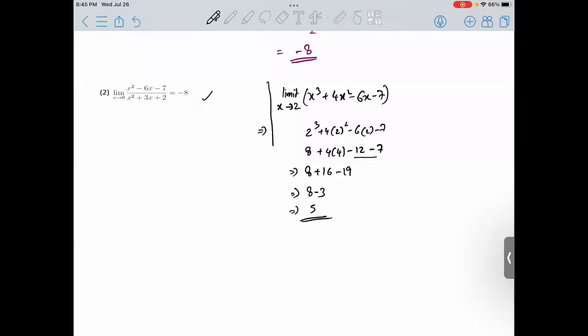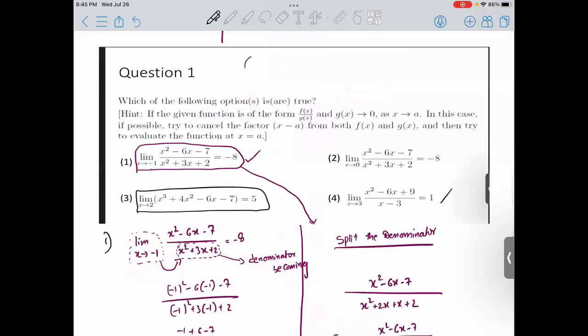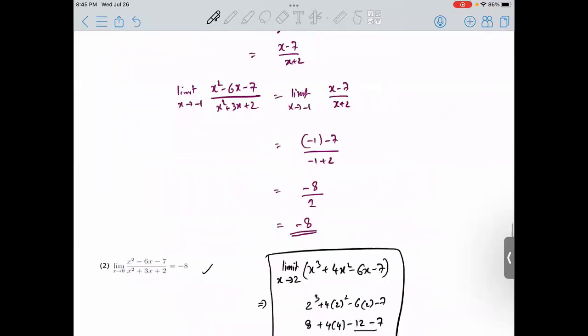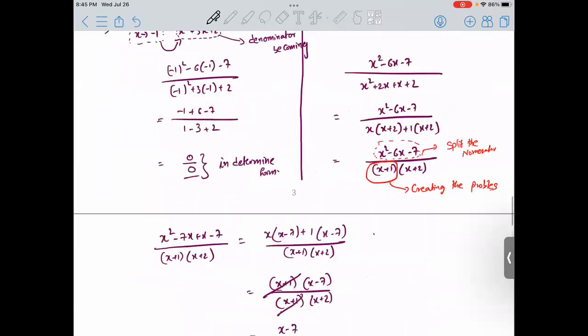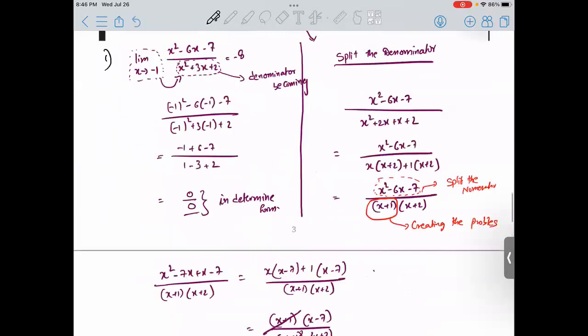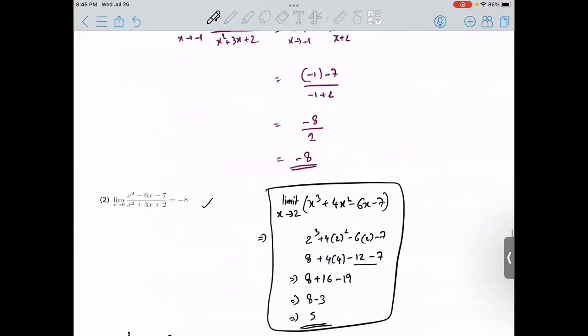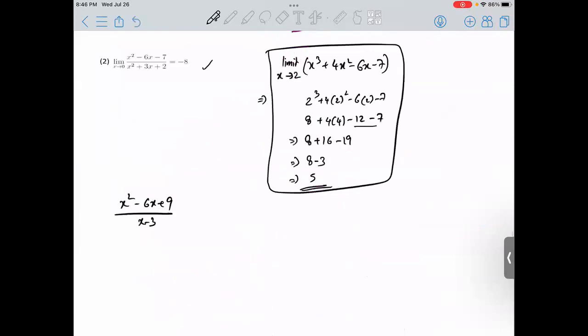And coming to the final question, x square minus 6x plus 9 divided by x minus 3, limit x tends to 3.